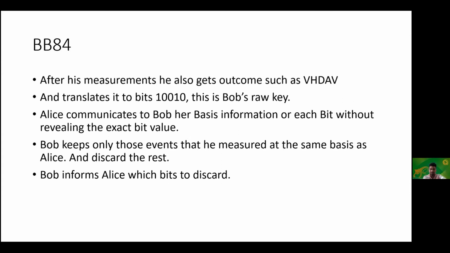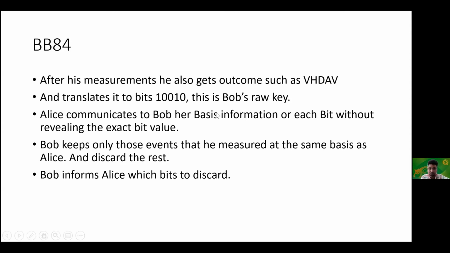However, if there is a mismatch, say I am sending H and you measure it in the DA basis, you will get one of D or A as the outcome, and it will be wrong. But then again, we'll see that after the translation, because DA will again get translated to 0 or 1, there is a 50% chance that you will again correctly get the raw key.